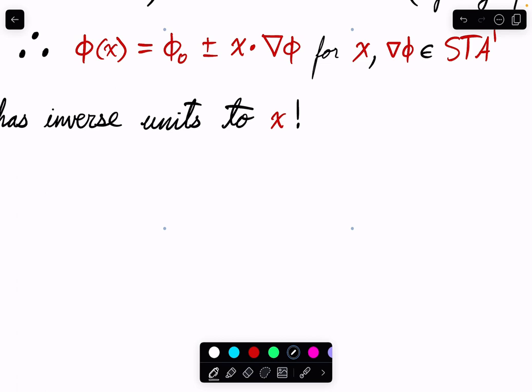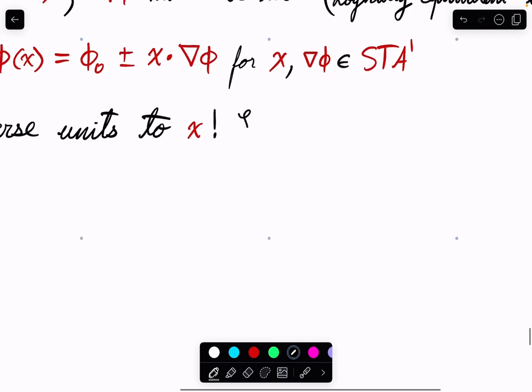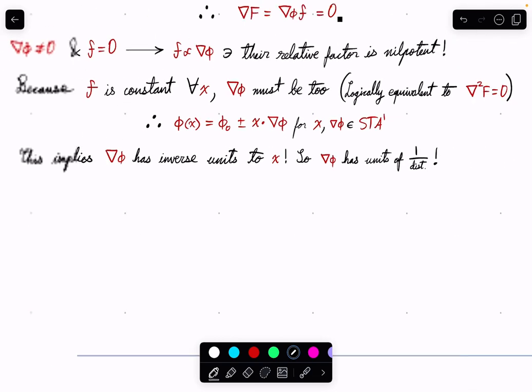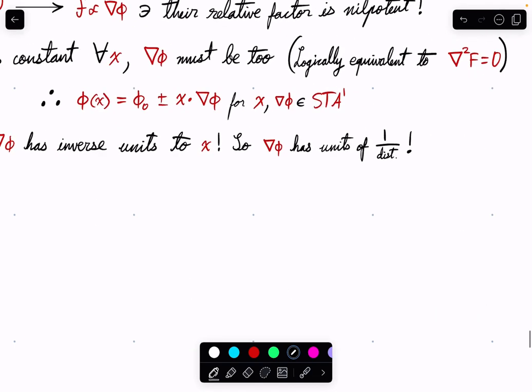So x has units of distance. So this right here has units of 1 over distance. What does this mean, to have units of 1 over distance?